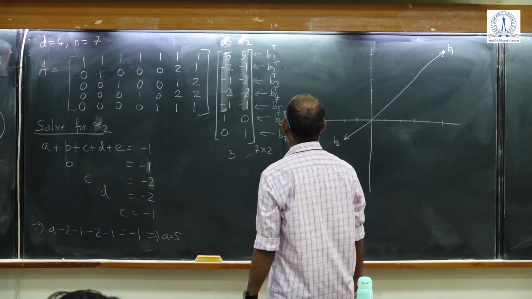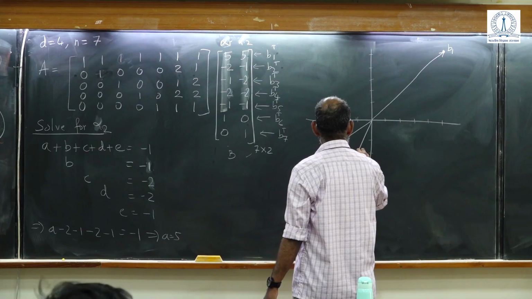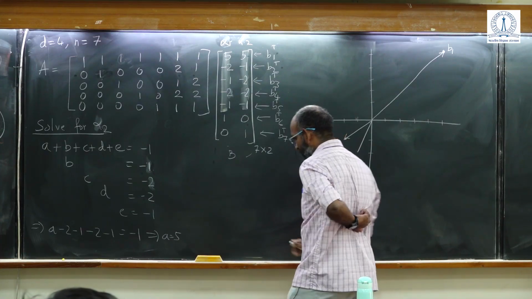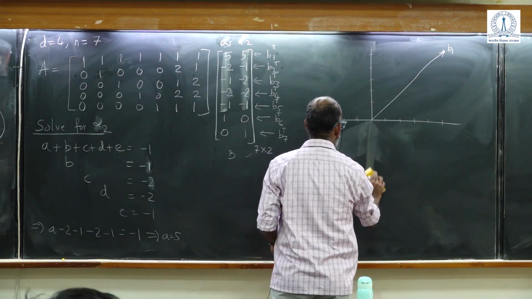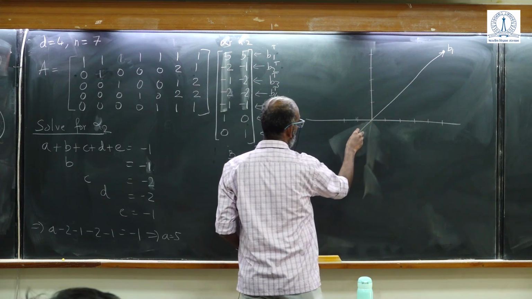And B3 is minus 1, minus 2. Actually, my figure is a bit off. Exactly, yeah, that's what I should do.